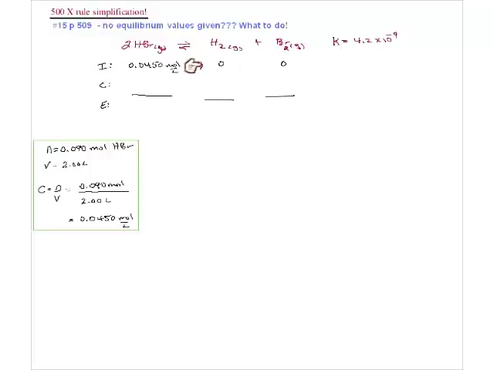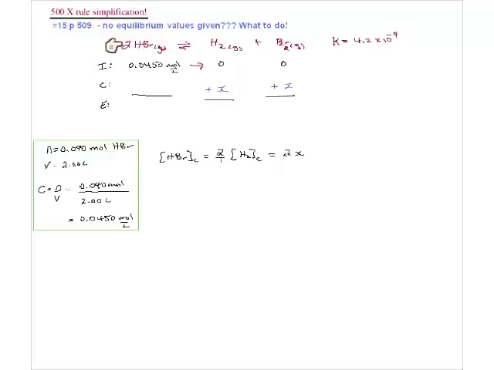How much? We don't know. Well, let's call it X. If this reaction moves forward, it's going to go forward a certain amount. It's got to go forward. So if bromine goes up by a little bit, then hydrogen has to go up by a little bit. And if we look at the mole ratio for HBr, we can see that the hydrogen bromide is going to drop by twice as much as the hydrogen.